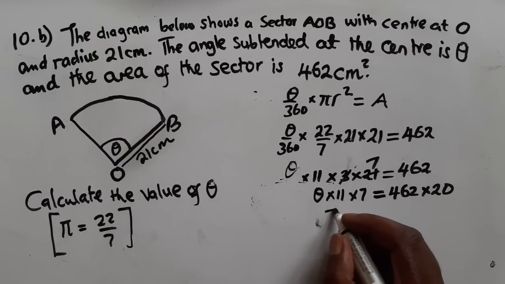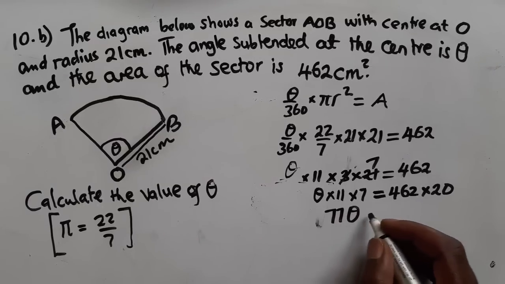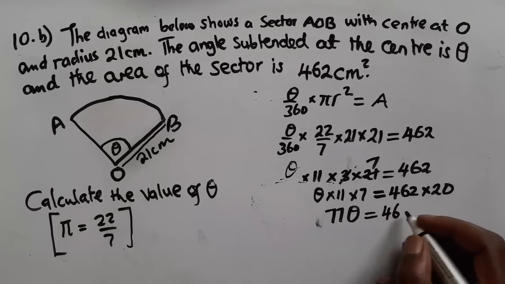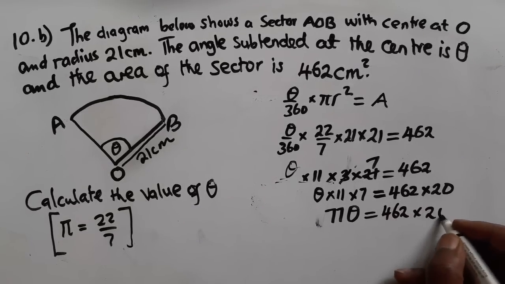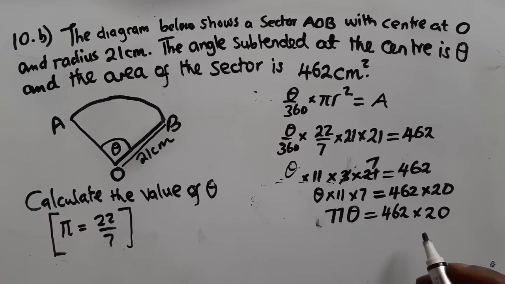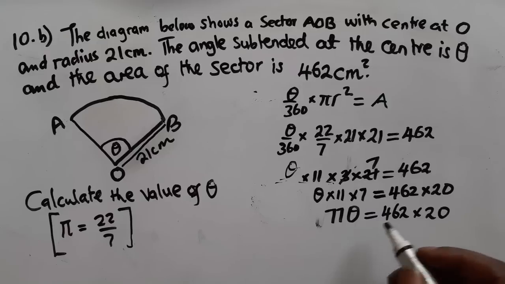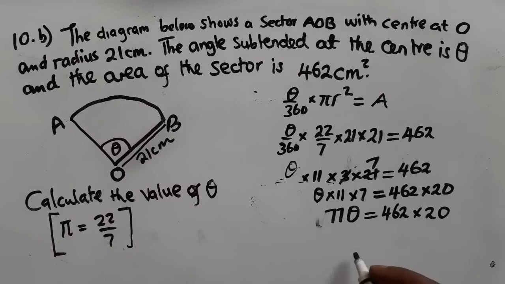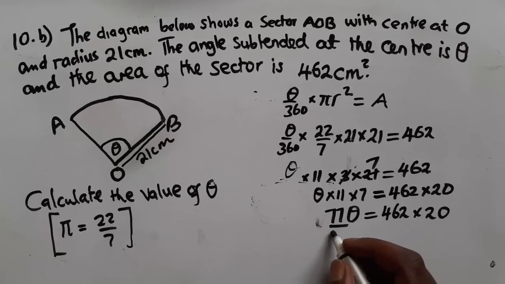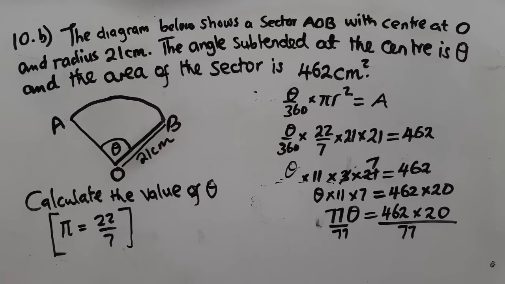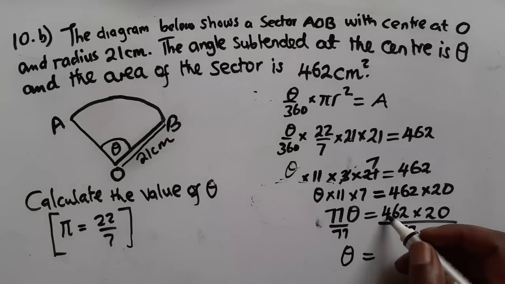So we are going to have 77 theta is equal to 462 multiplied by 20. Usually I don't like multiplying these two because we do not have a calculator, so we are increasing the size of the value. So at this point we can divide by 77 on this side. All right? So theta is equal to, can you divide 77 into 462?